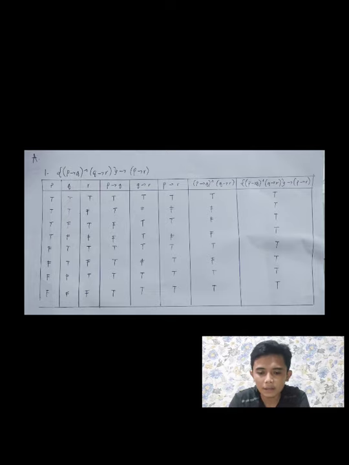So the next we will find is P implies R, conjunction of Q implies R. The answer is true, false, false, true, false, true, false, true, true.